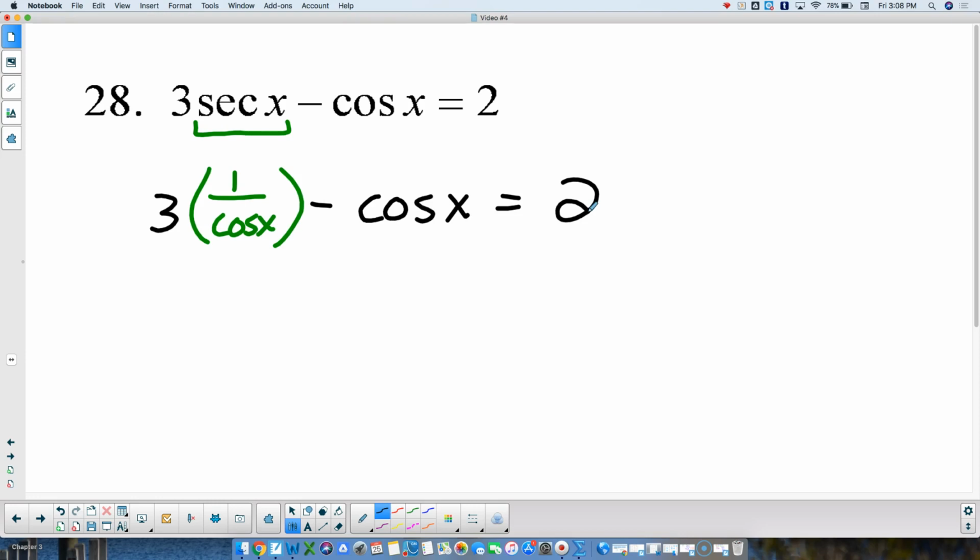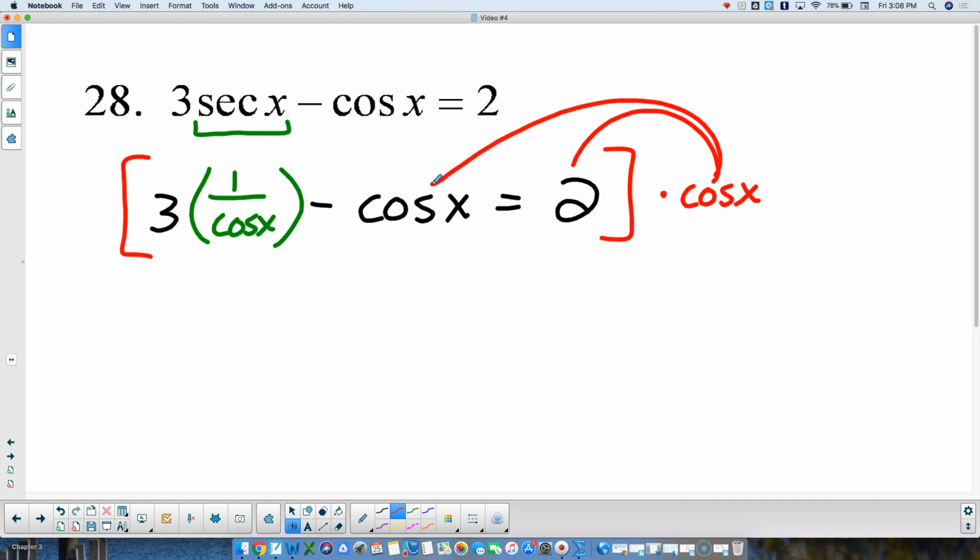Now, to clear that fraction, I can take this entire equation and multiply it by cosine. So I would have to multiply there by cosine, and into that term by cosine.